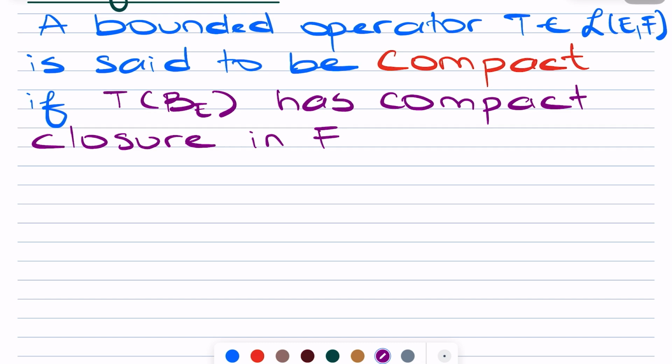Right, in the strong topology, of course. So maybe let me just specify it: in the strong topology.